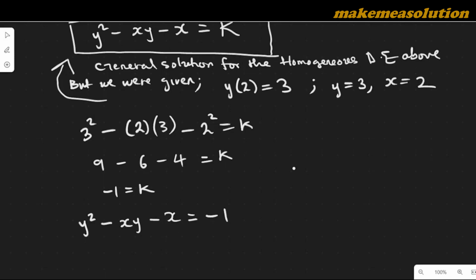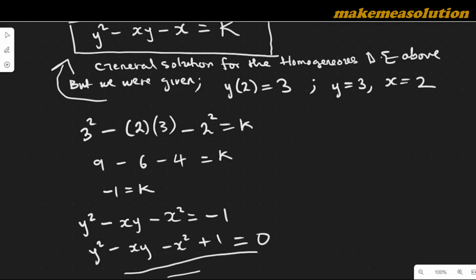So this can be how you can leave it. Or someone can say y squared minus xy minus x squared plus 1 equal to 0. So this is the answer, and this is a particular solution.